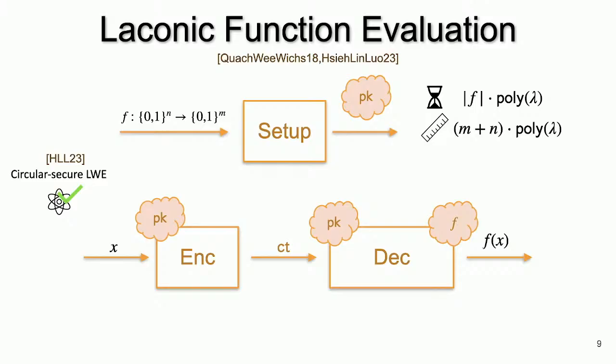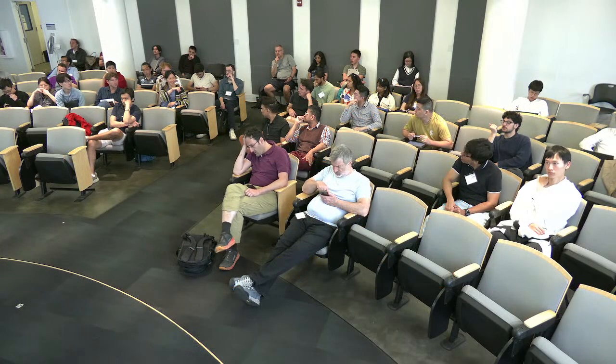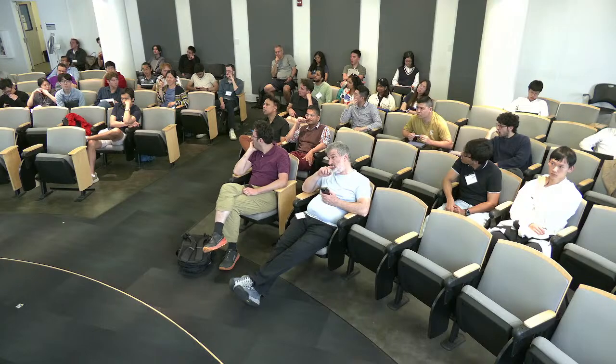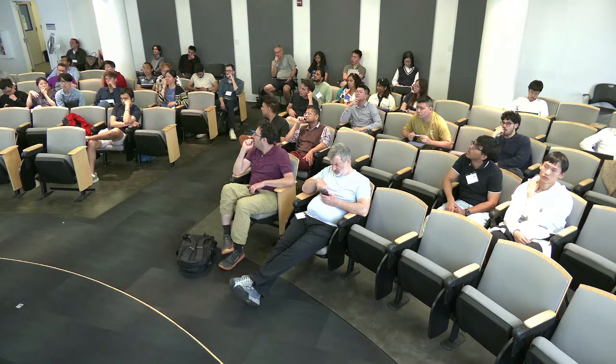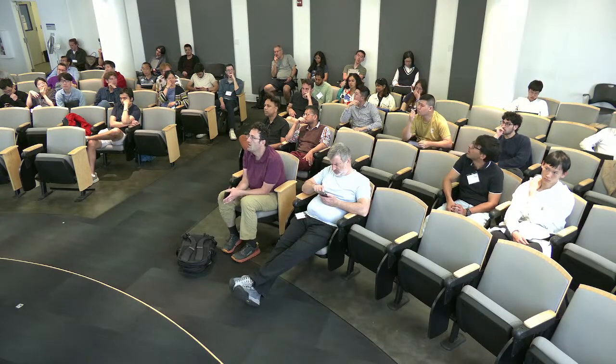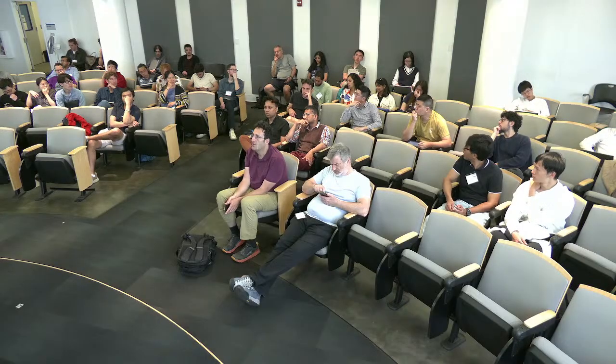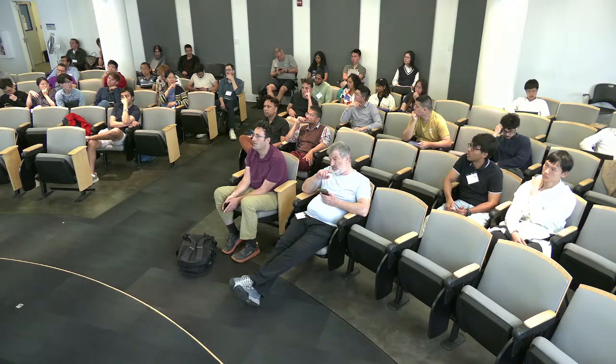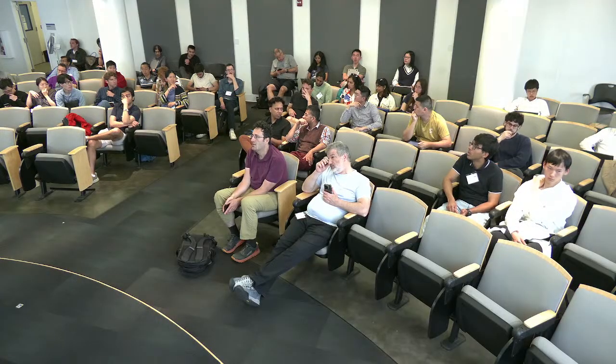Even more later work, maybe one of the works that G cited, you get rid of the M. Yeah, you can make it M plus B on N. I think that's in the ciphertext size. In the ciphertext size, but the public key will still have to grow with the input length.